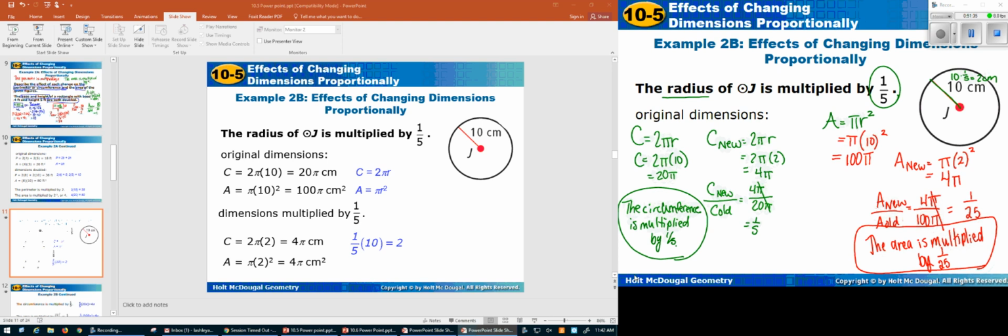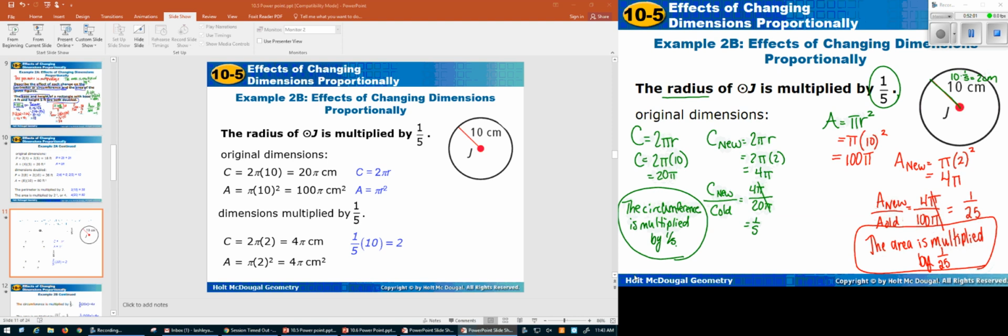So it's not a good one. That's why we did another one, and we talked about the circle, since it changes all the dimensions, because 1/5 squared is 1/25. So whatever you're multiplying by, if you multiply all the dimensions, it multiplies the area by that value squared. And so these are your shortcuts, which means you wouldn't have to do any of that work. You could simply read the question and say, I know the answer.